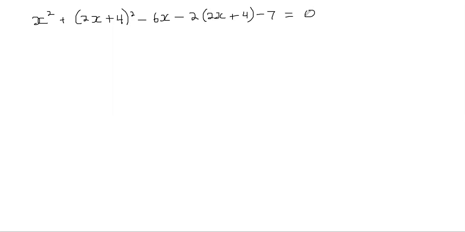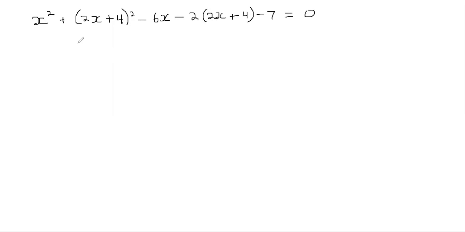So we have x squared plus, we had y squared, so that is going to be 2x plus 4 squared, minus 6x, minus 2y, and we're going to replace that y with 2x plus 4, minus 7 is equal to 0.